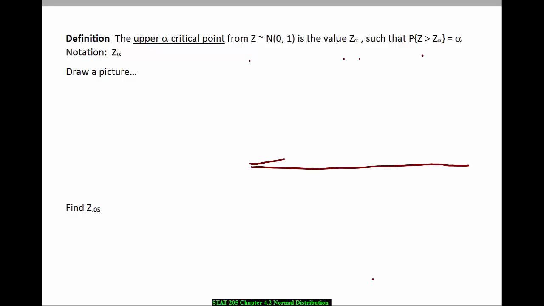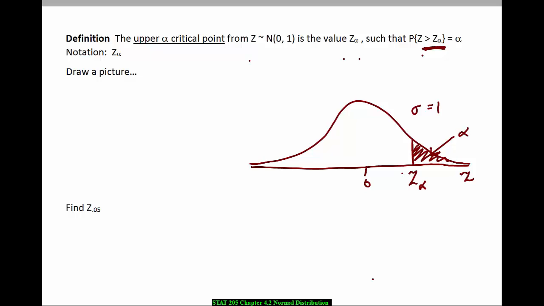It says in the standard normal distribution, z, which means we're centered at 0, with a standard deviation of 1, my z sub alpha is the place in the distribution such that what? The probability of being to the right of it, the probability of being bigger than z sub alpha equals alpha. So that means that this area is alpha.